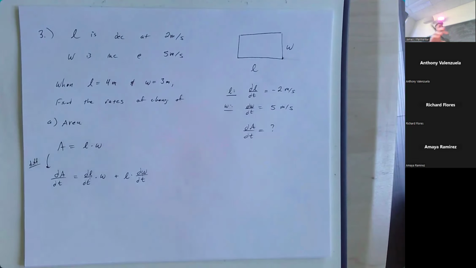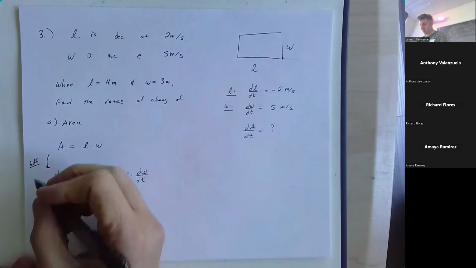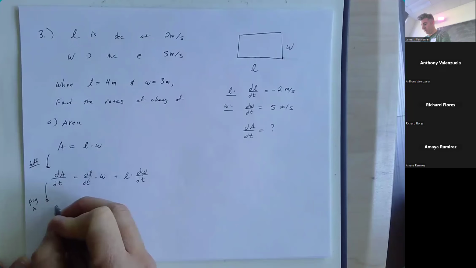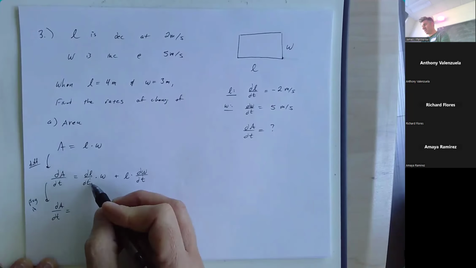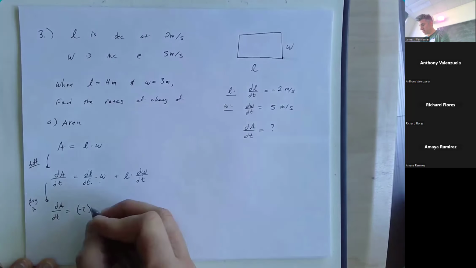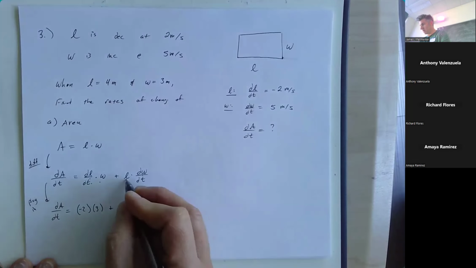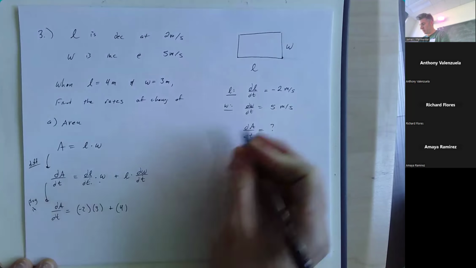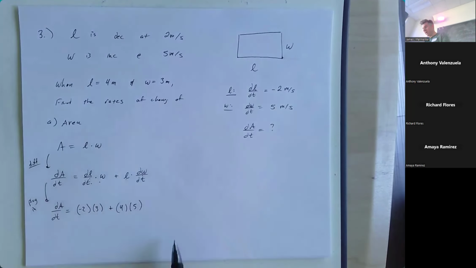And now we plug in. So dA/dt is what I'm trying to find. Everything else I should be able to plug in for. dL/dt is negative 2 meters per second. W is 3 meters. L is 4 meters. And dW/dt is 5 meters per second. You can write the units in here.